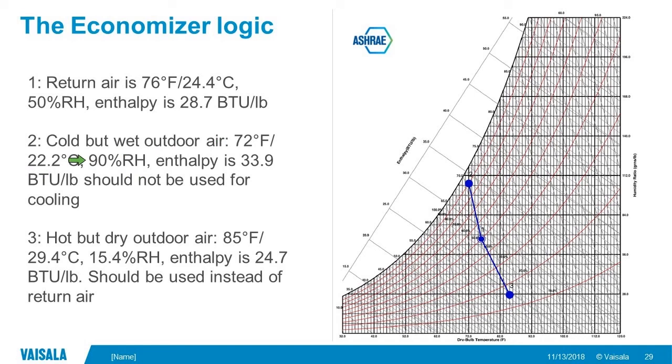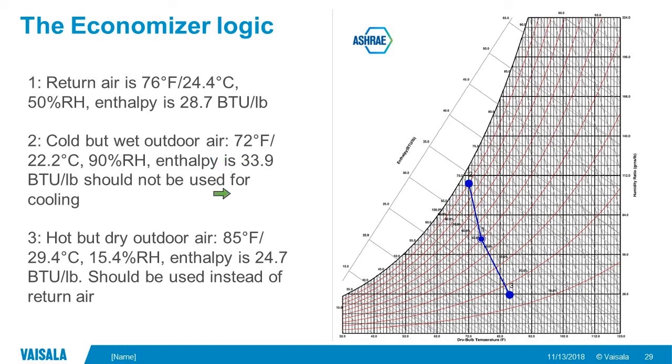It's 90%. And that means even though the temperature moved down a bit, the humidity increased so much that your enthalpy has actually increased from the indoor air condition. And it's now 33, almost 34 BTU per pound.